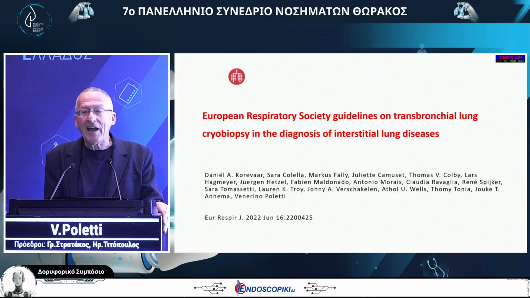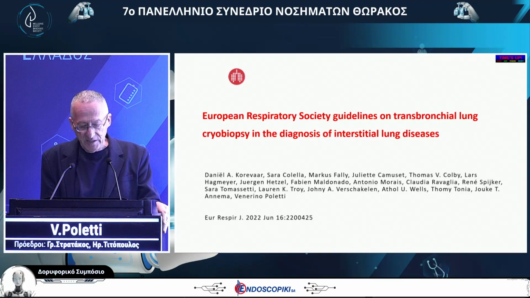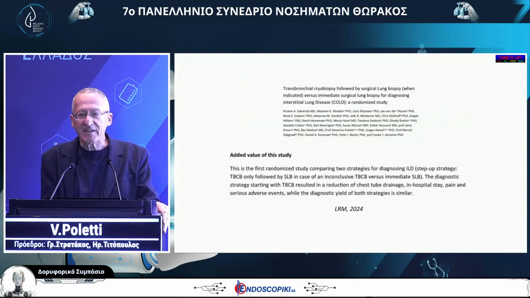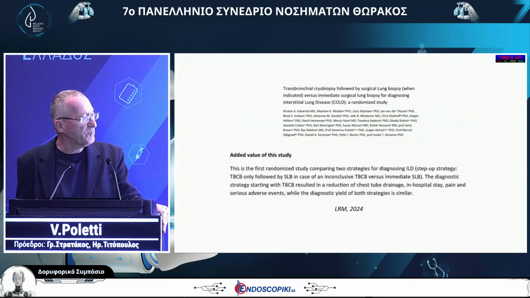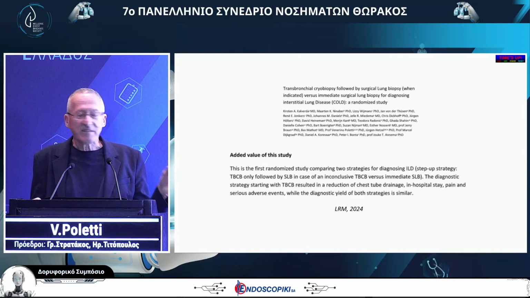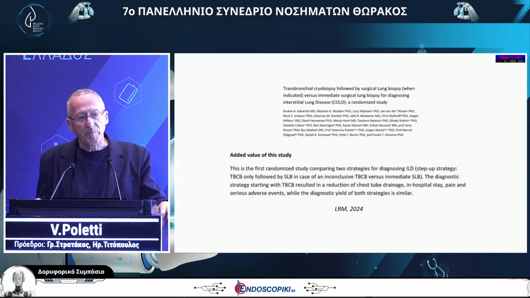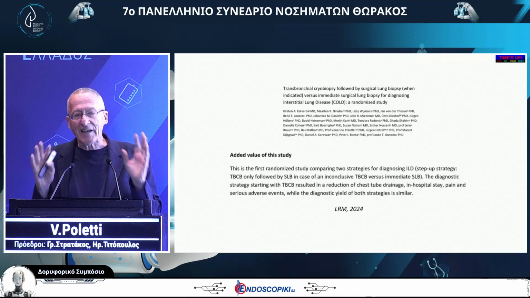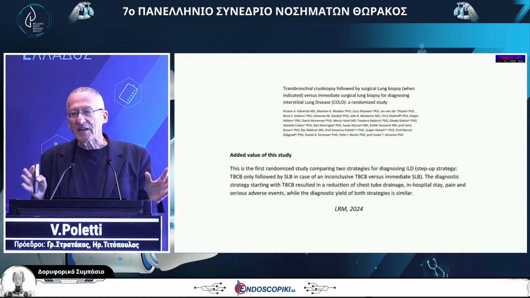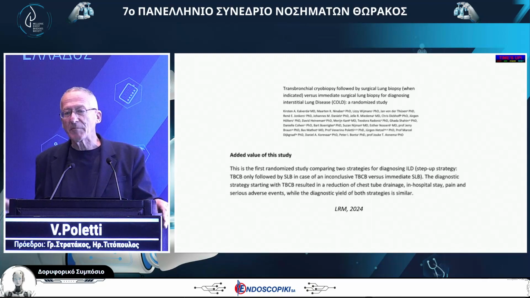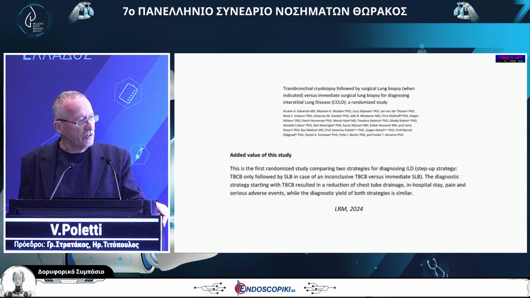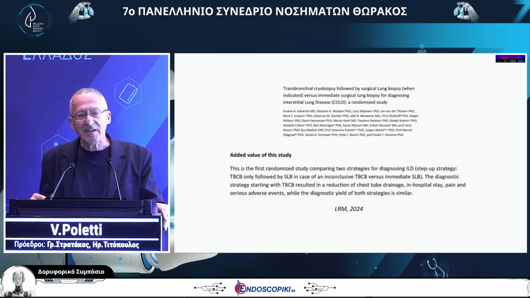We have ERS guidelines on this, and this is a very recent paper in the Lancet Respiratory Medicine. We had a study with the Netherlands group and Jürgen Etzel showing that if you select this approach, cryobiopsy first and surgical lung biopsy as a second choice, you have a very good diagnostic yield with less complication.